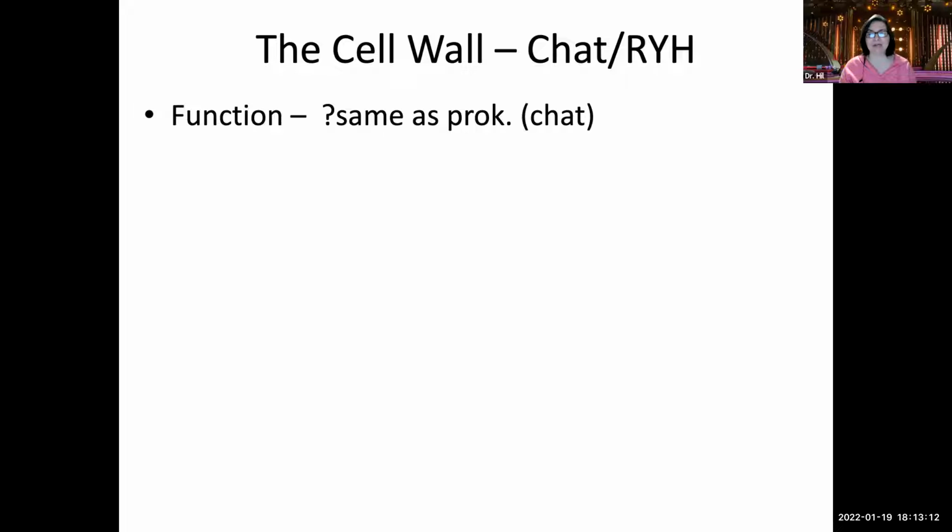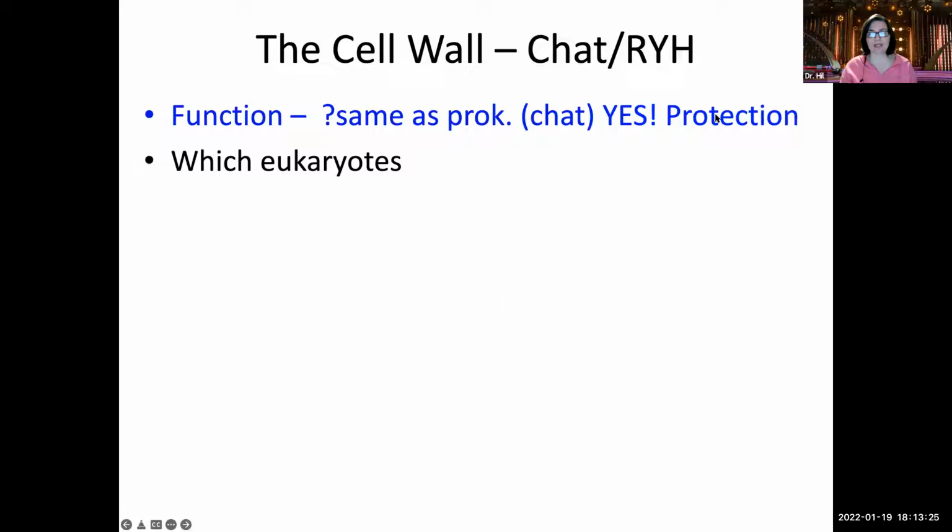From being in a hypotonic environment, which could potentially lead to water rushing in and causing what we call osmotic lysis, basically bursting because you have so much water rushing into you. Okay, so protection is the primary goal of the cell wall in microbial eukaryotes as it is in microbial prokaryotes.